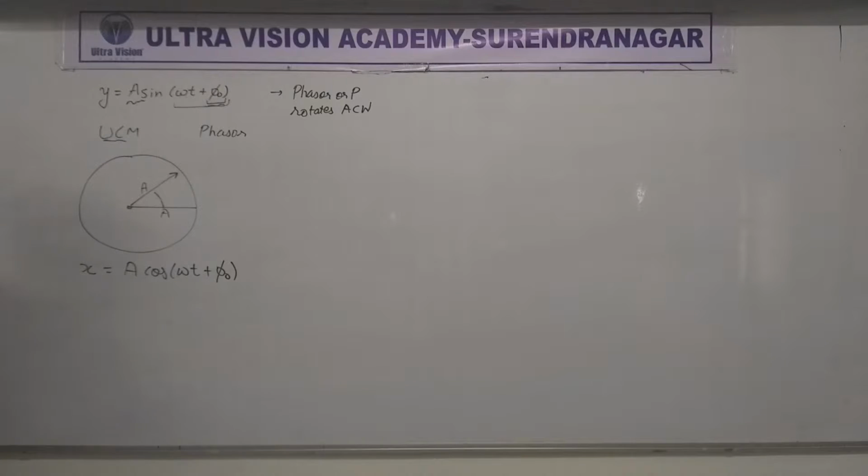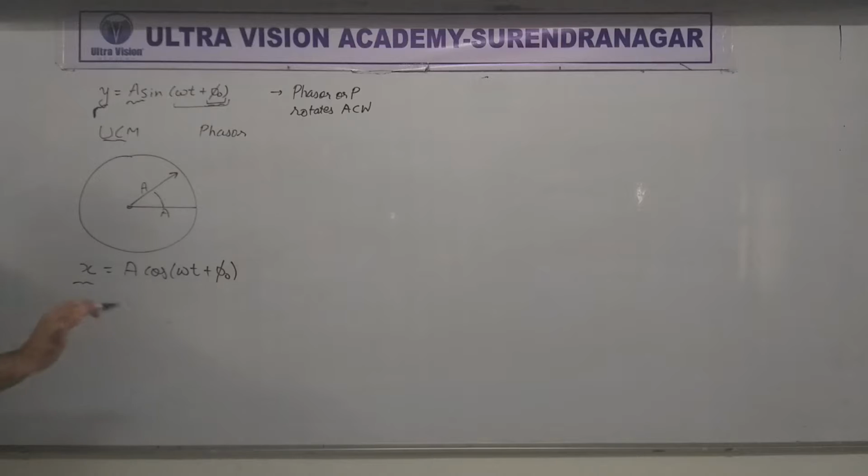That depends on whether you want SHM on the y-axis or on the x-axis. Remember, trigonometry allows you to convert from cos to sine or sine to cos as required. We will talk about that a little bit later.